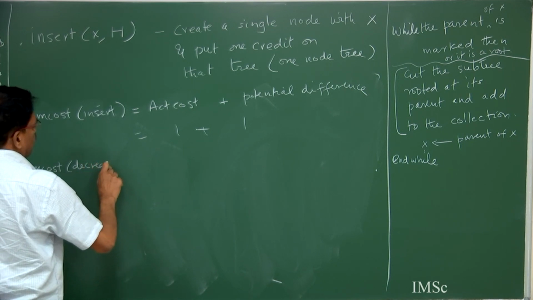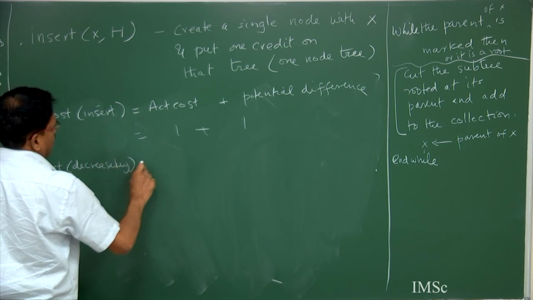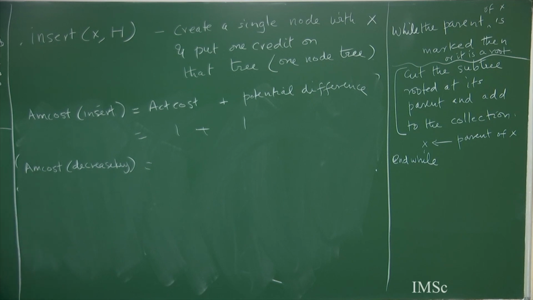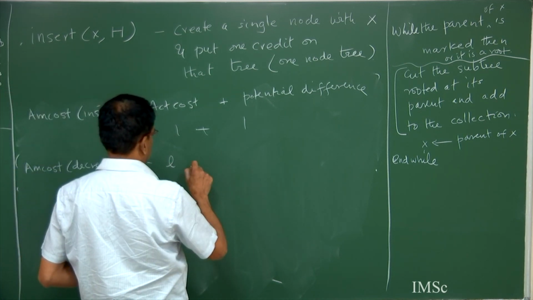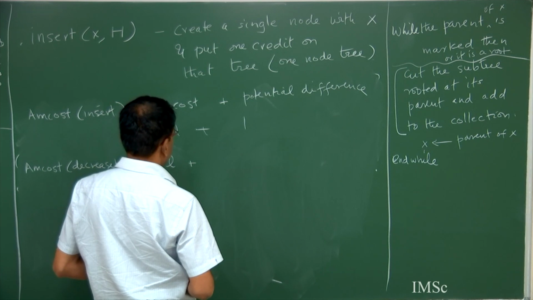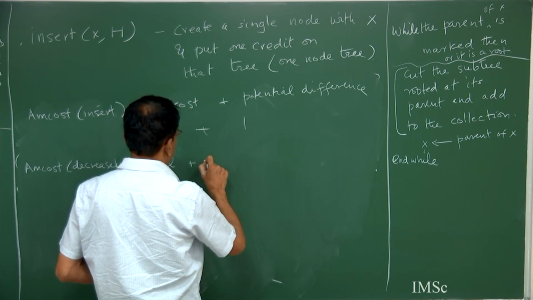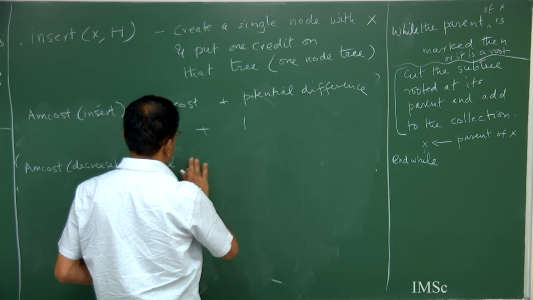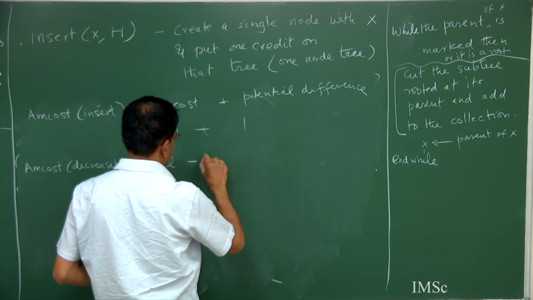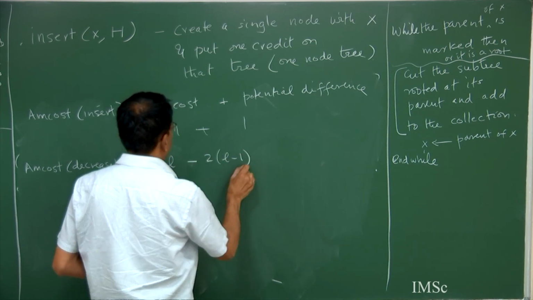And the amortized cost of decrease key, if it is doing some L many cuts, then the actual cost is L, and the potential difference would be: L minus 1 nodes have become unmarked.